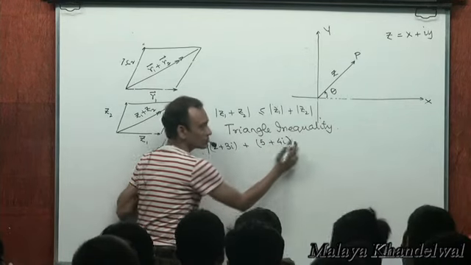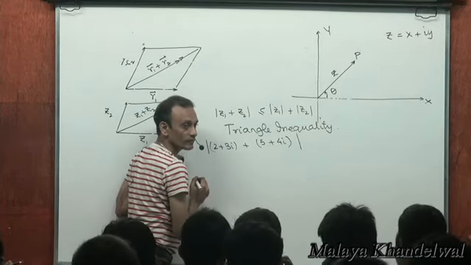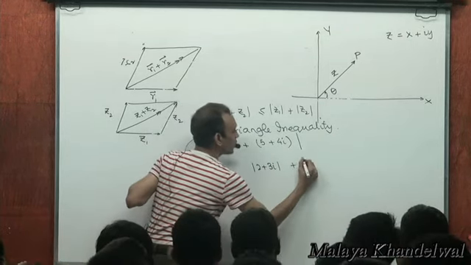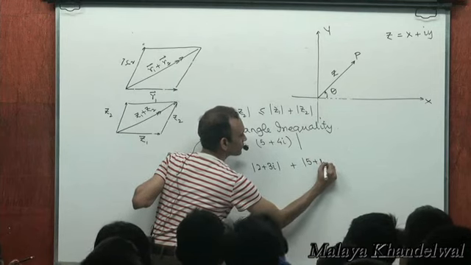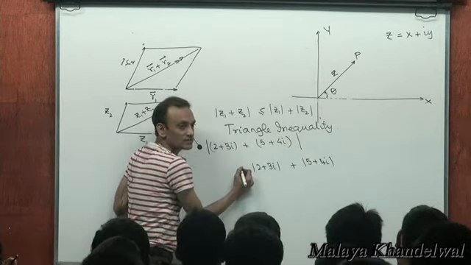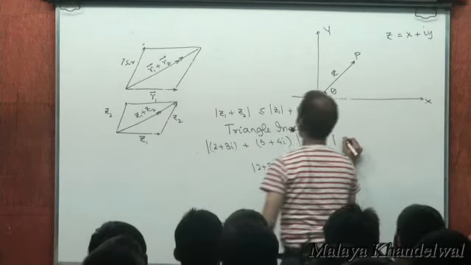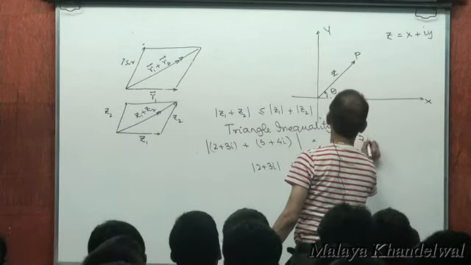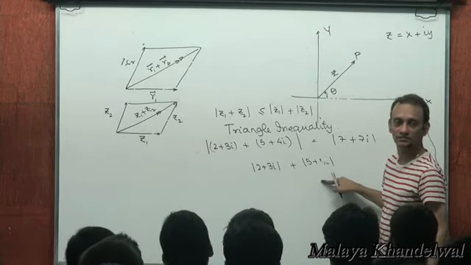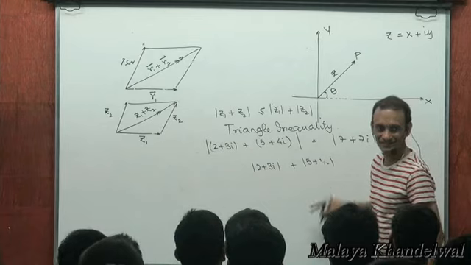This is z1, this is z2, right? And mod z1 is mod of 2 plus 3i and mod z2 is mod of 5 plus 4i. Is this equal to this? This actually is mod of 7 plus 7i. Is this equal to this? No, in general not, isn't it?